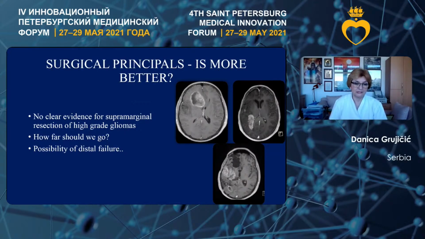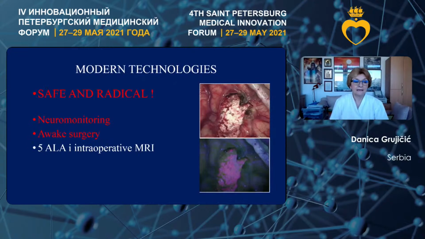We should do as much as possible to improve the quality of life of our patients. For the radical resection to be safe and reliable, we frequently do intraoperative neuromonitoring.